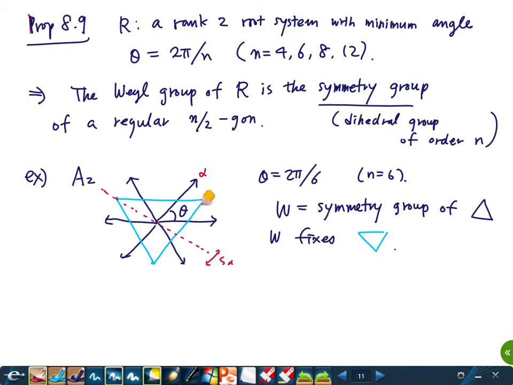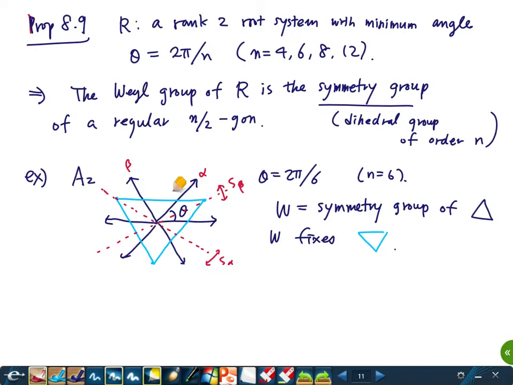It's still the same triangle. And if you reflect about, say, this is beta, then s beta reflects about this hyperplane, and again this stays the same. So you can check every reflection, it just stays there.